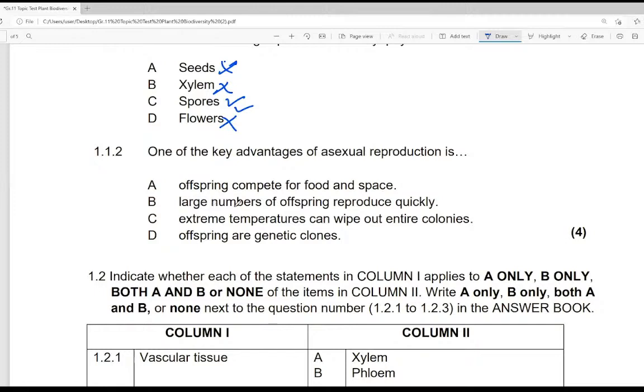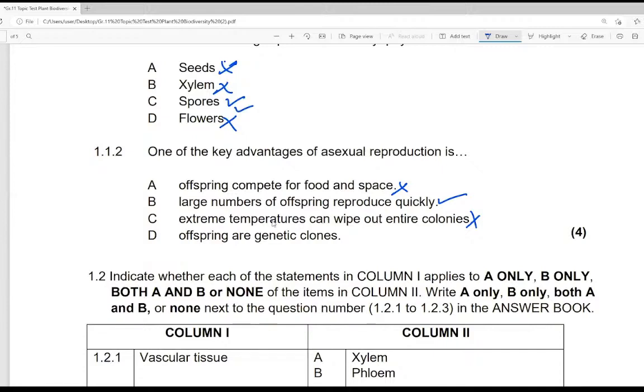And then number two, the organisms multiply at a very fast rate. Offsprings compete for resources. That's not an advantage. A large number of offsprings are produced or reproduced quickly. This is correct. Extreme temperature can wipe out. This is not an advantage. Offsprings are genetic colonies.